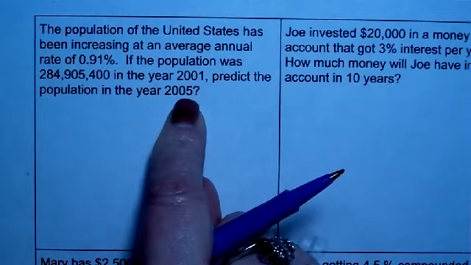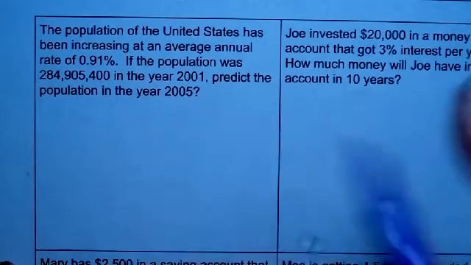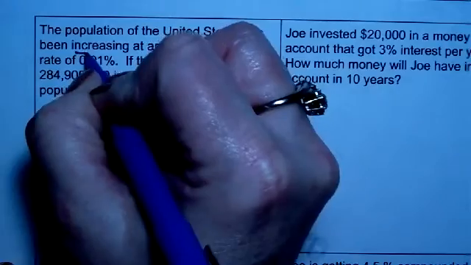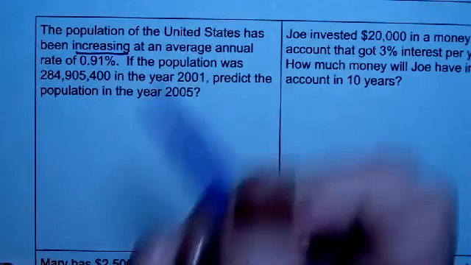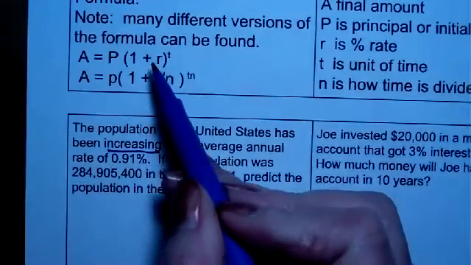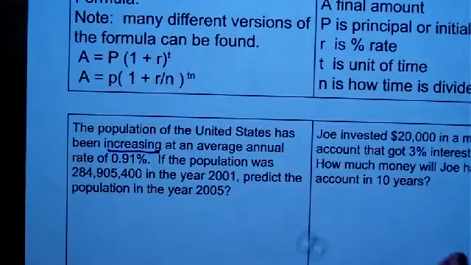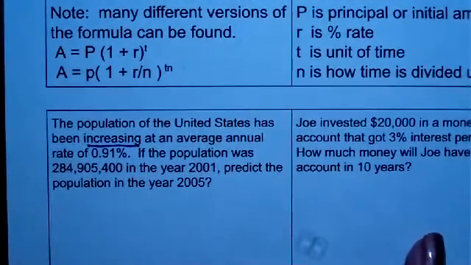Okay, so we have a growth because it's saying increasing. So that means I'm going to use this formula right here. Now, what I'm going to do though is identify my variables.